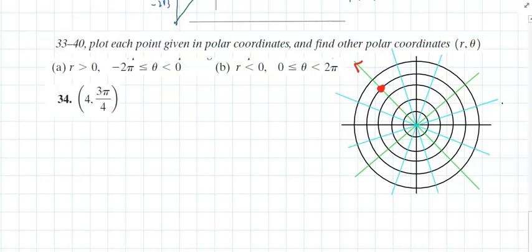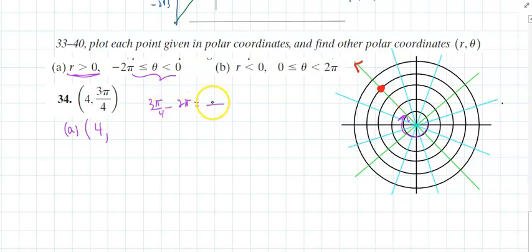I could approach it in an infinite amount of ways. The second time, I want r to be positive, so I want 4 still, but I want to rotate in a negative rotation. So how do you think I can approach that? Well, if I rotate in negative rotation, take 3 pi over 4 and subtract 2 pi, wouldn't that be 8 pi over 4?